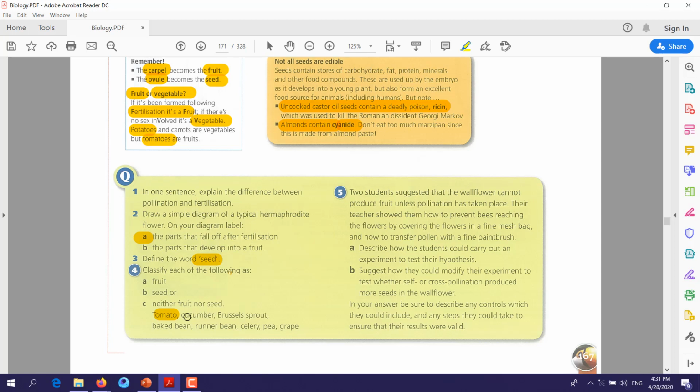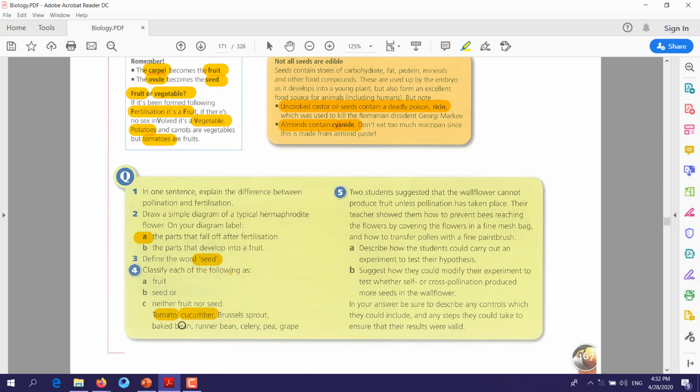The main difference, or how we can know this is a fruit, we will see if it has seeds in it. So tomato, does it have seeds in it? Yes. So tomato, it is fruit.